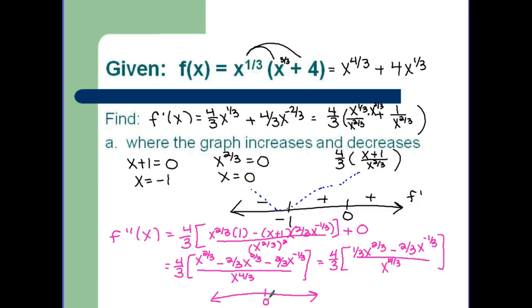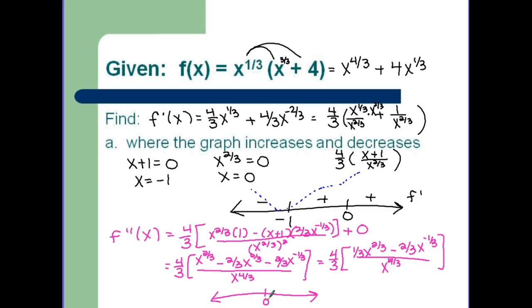It's 0. I want to make sure you check that there's not another one. How would you go about solving that algebraically? You just set it equal to 0. Because one won't work. That's the only other number you could look at.